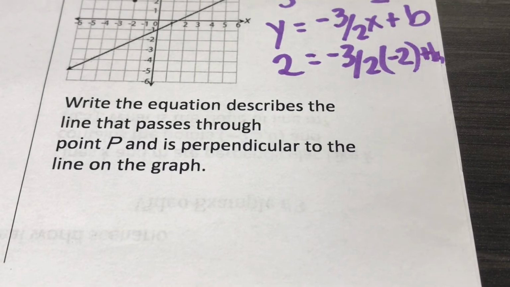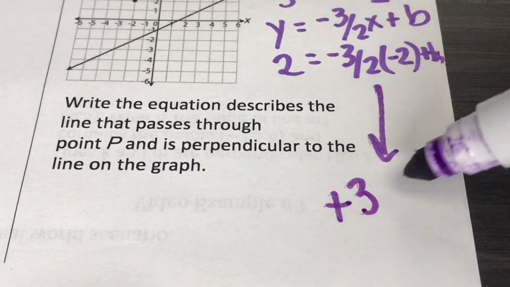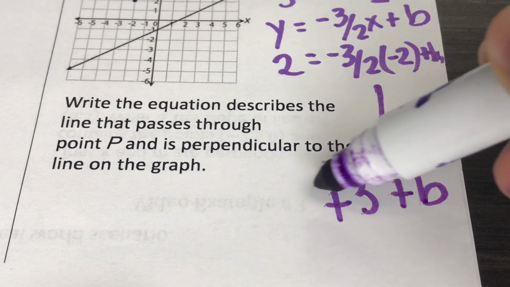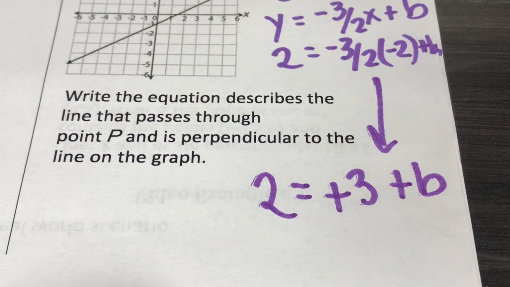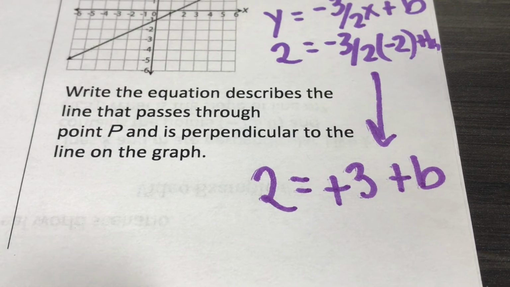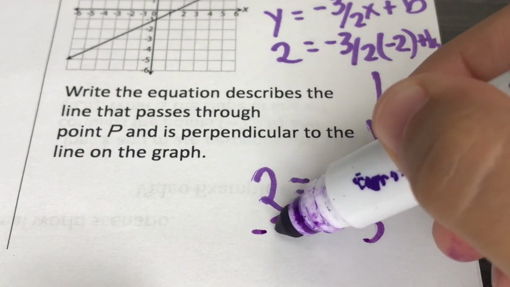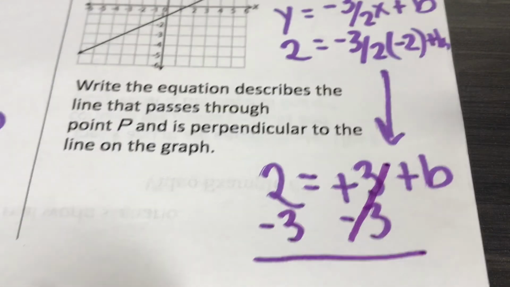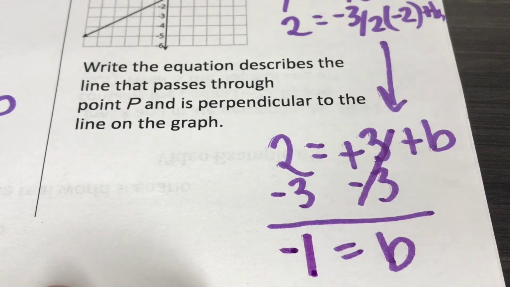Negative 3/2 times negative 2 is equal to positive 3. Of course, we wouldn't really write the positive sign, but we do know the inverse operation of a plus is minus. So let's subtract 3 on both sides to solve for b. Our b is equal to 2 minus 3, which is negative 1.